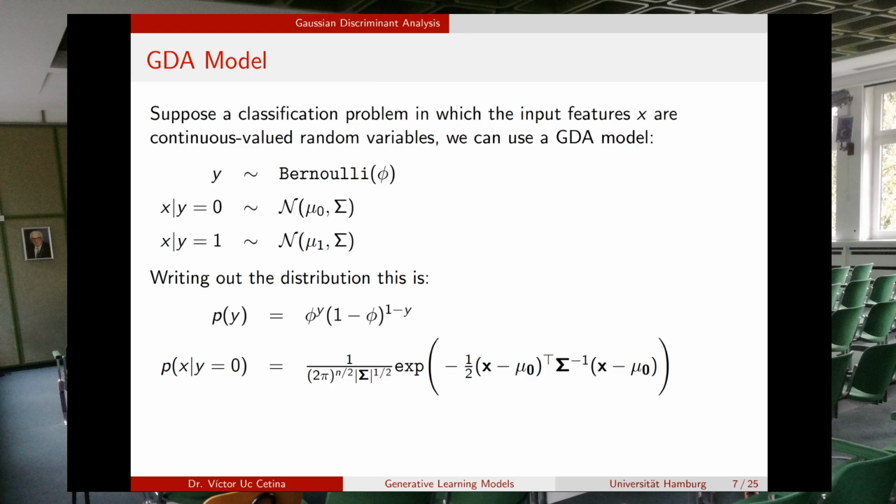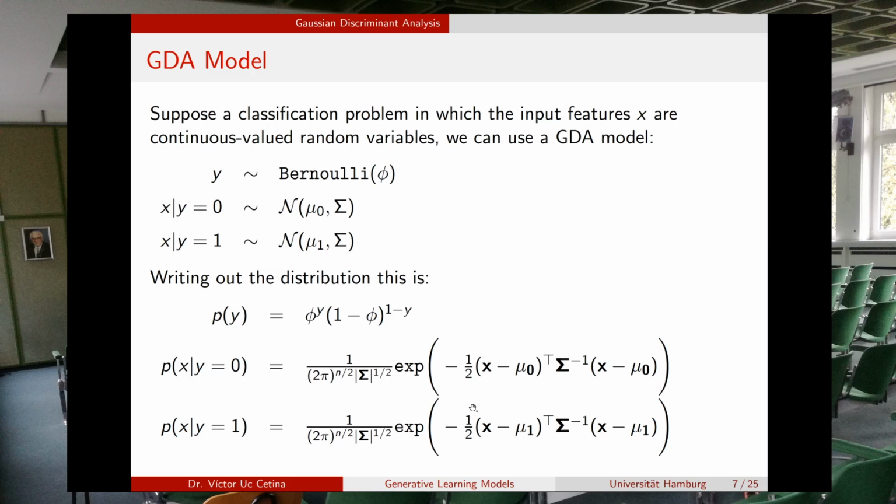In the same way, we will have a formula for the normal distribution, but now for all examples labeled as 1. So here we will have mu 1 for all the mean vectors of the examples that are elephants, and the same covariance here. So these are all the elements that we need to estimate.